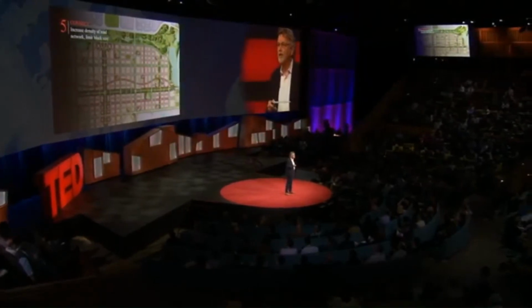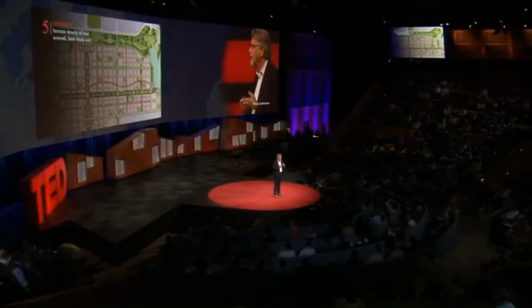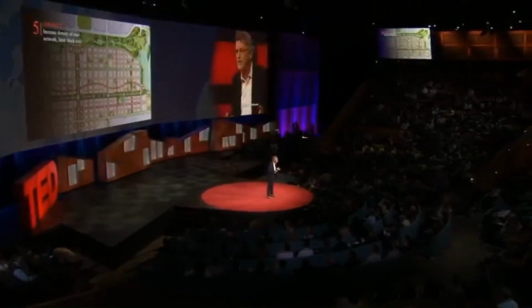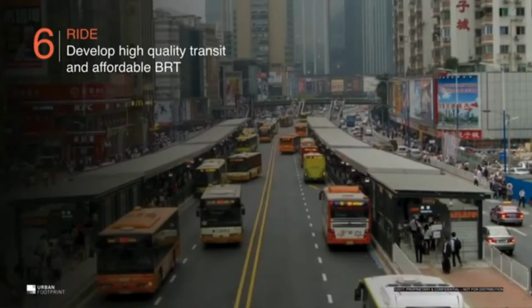Connect. It's a street network that allows many routes instead of singular routes and provides many kinds of streets instead of just one. Ride. We have to invest more in transit. There's no silver bullet. Autonomous vehicles are not going to solve this for us.